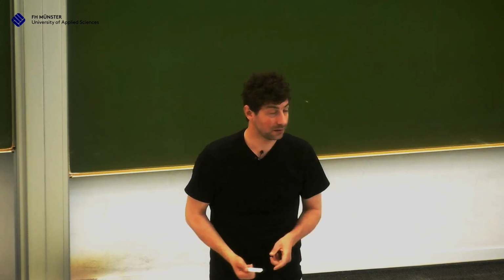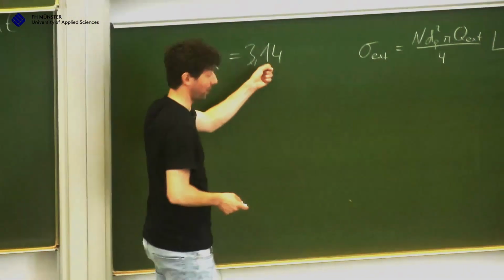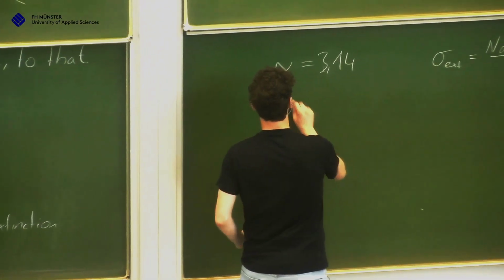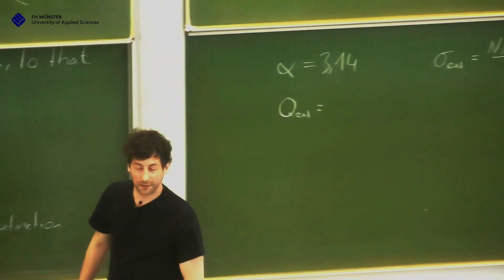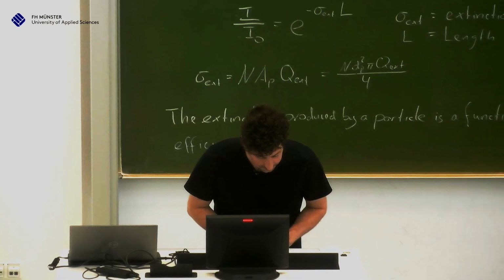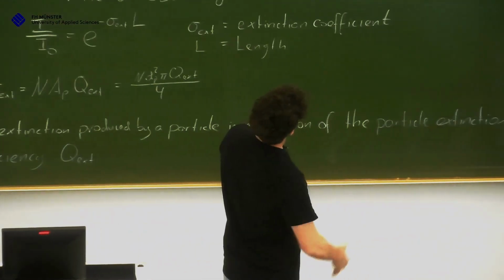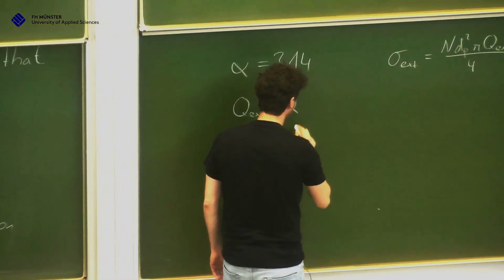Q extinction, and Q extinction we can read out now with the correct alpha value, and then you get a value of... I would also say 2. 3.14, I don't find it, but I found the 3, and then we have a value of about 2.